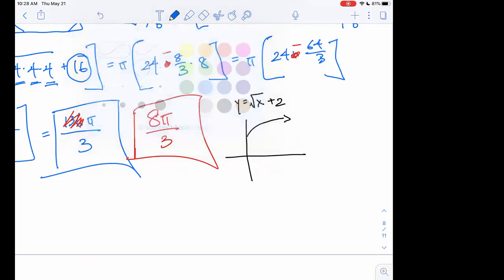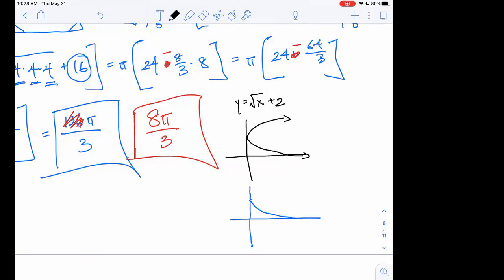But the problem that we started with has this. So the square root of x plus 2 is a sideways facing parabola. But we don't want the top half of it, we want the bottom half.